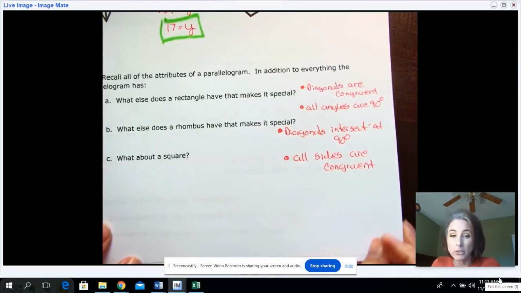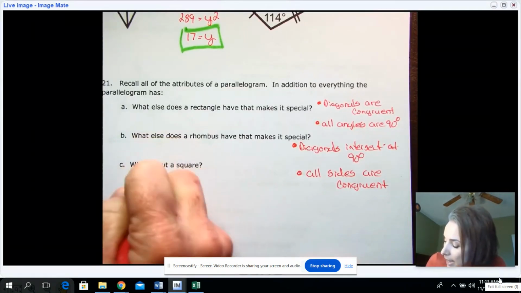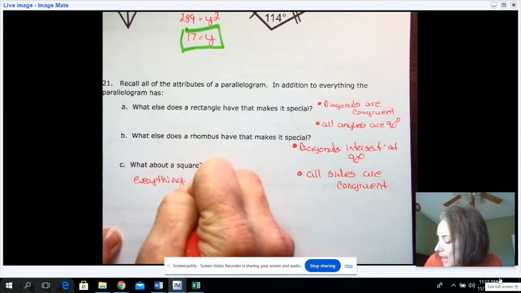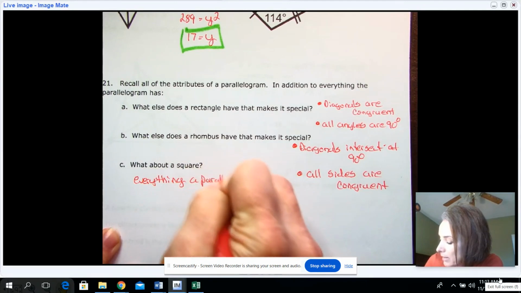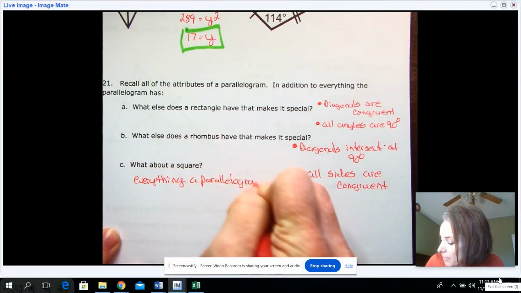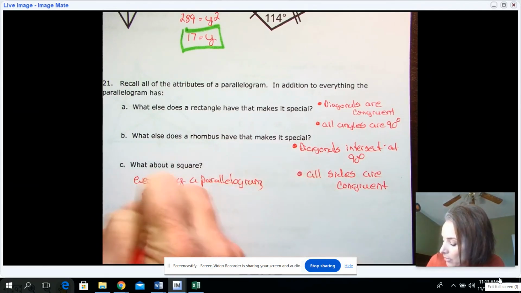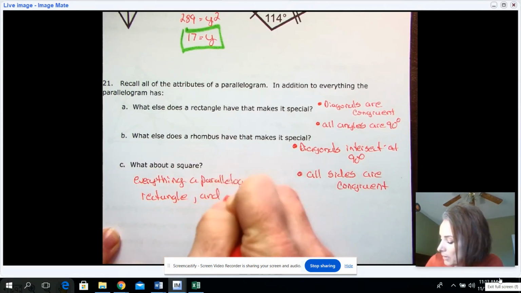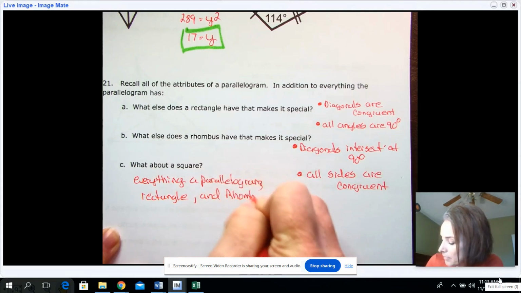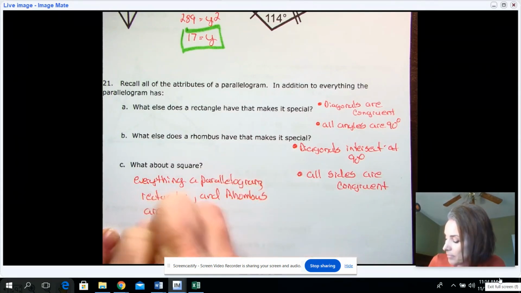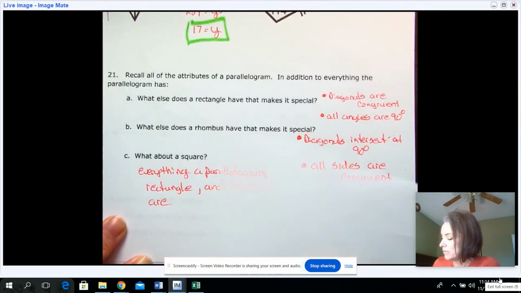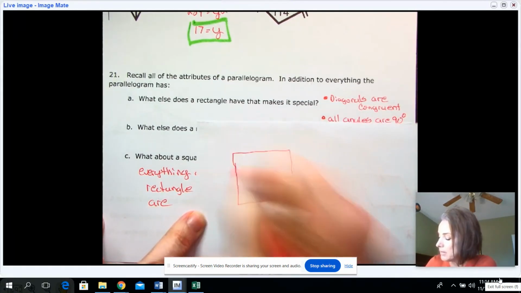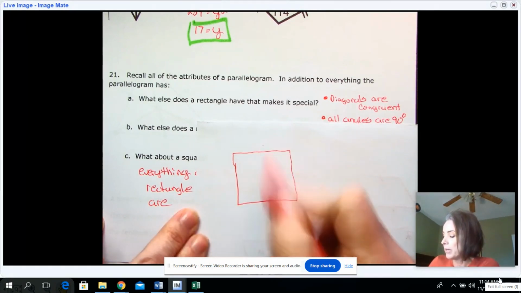And then the last part, a square. A square is everything a parallelogram, rectangle, and rhombus are. So on a square, opposite sides are congruent and parallel.